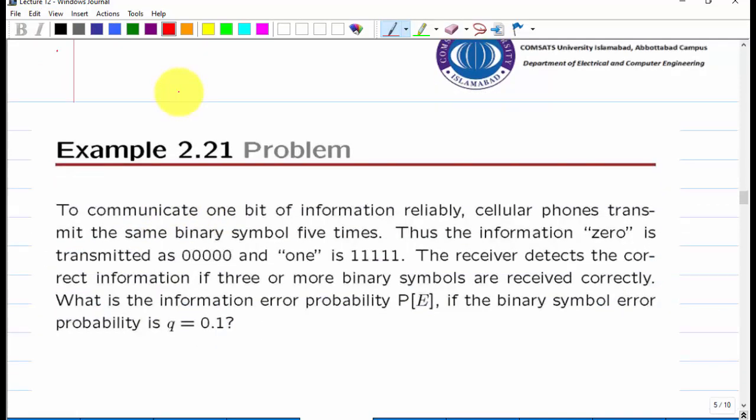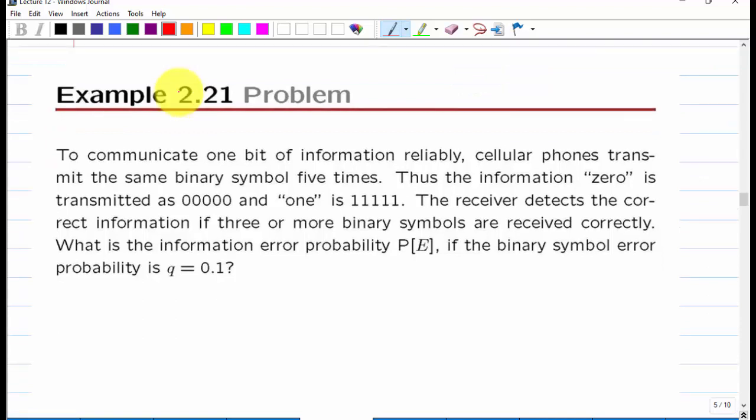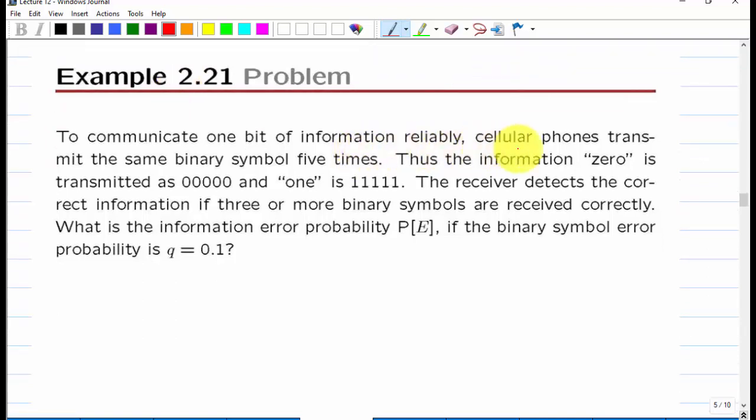It says that to communicate one bit of information reliably, cellular phones transmit the same binary symbol 5 times. Thus the information 0 is transmitted as 0 0 0 0 0 and 1 is 1 1 1 1 1.